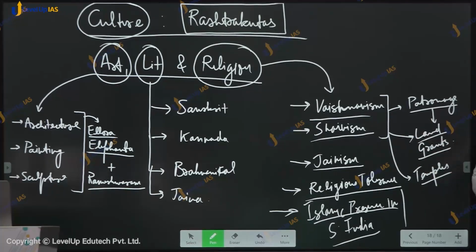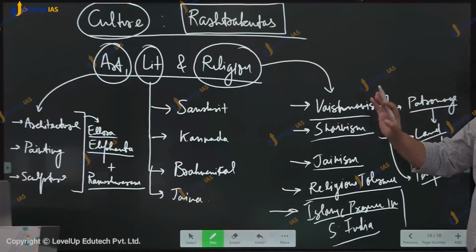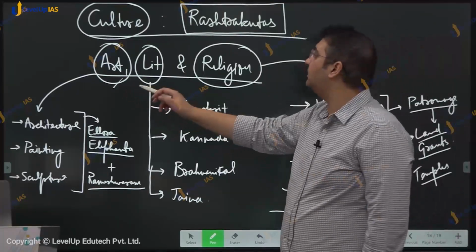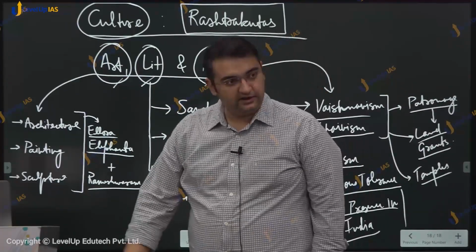They invited Arab merchants to come and settle in their areas, also established mosques, khangas, maktabs, madrasas, etc. So a number of Juma masjids, etc. were established. Right? And this is the grand contribution of the Rashtrakutas to the field of art, literature and religion.